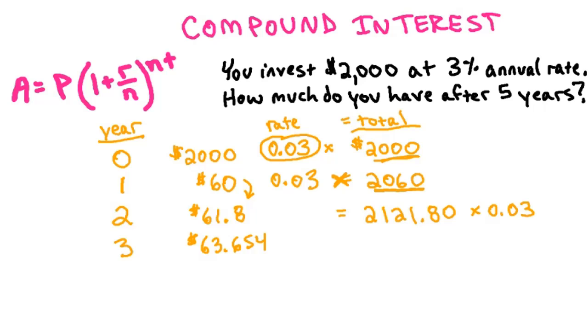So we're going to add that to the 2121.80 and get 2185.454. So now at the end of year 3, you have $2,185.454. Now at the end of year 4, they're going to take 0.03 of what you have in the bank, your total amount, not just the original $2,000, but your total amount.